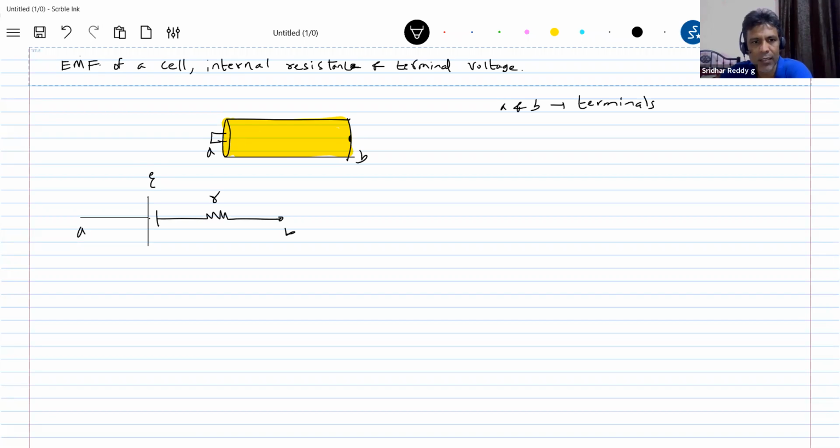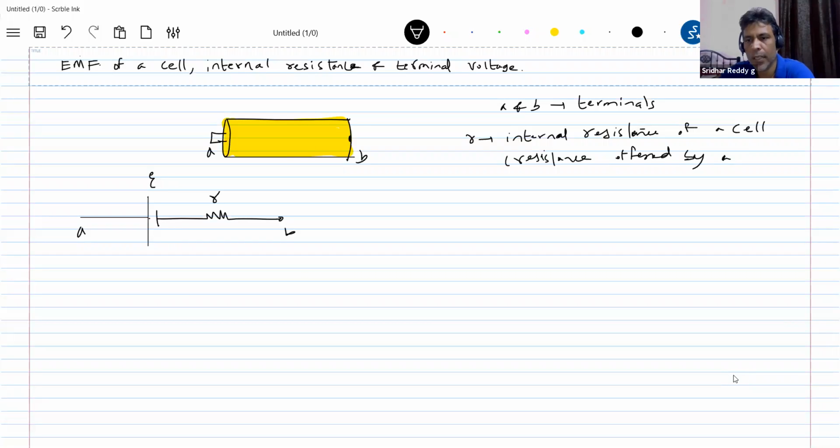There's the internal resistance. Now, what is this internal resistance? Resistance offered by the material of the cell to the flow of charge is called internal resistance.